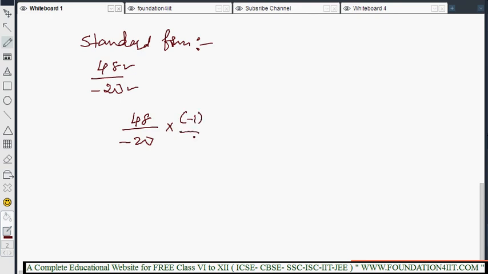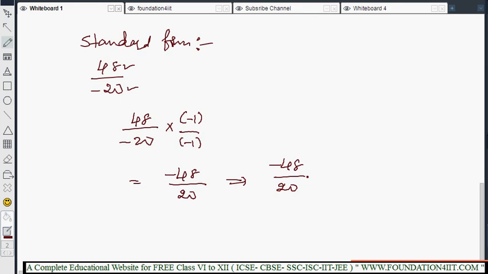So 48 by minus 20. First multiply by minus 1 by minus 1. Then it will be minus 48 by plus 20, that is minus 48 by 20. We can divide both by 4.